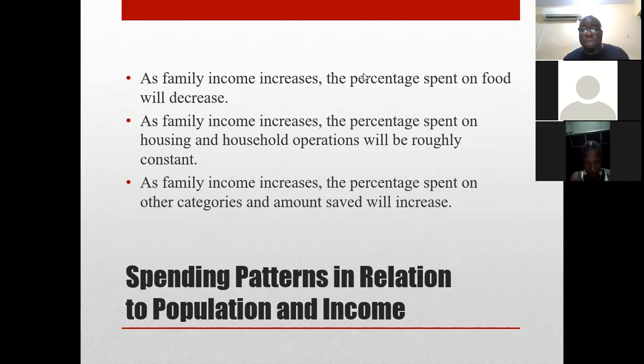Should you not be spending more on food? Somebody said, can I try to use a whiteboard? Where is the whiteboard? Is there a whiteboard feature?